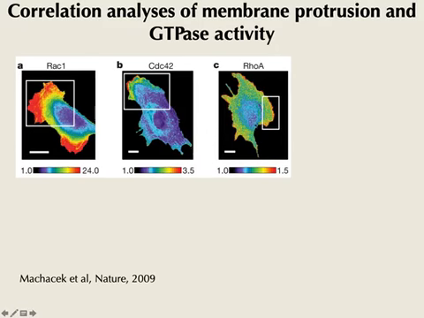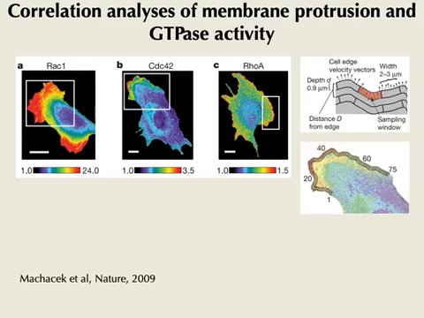And what they're really trying to ask is, what is the real sequence of events leading to the formation of a protrusion? And again, the reason why I'm emphasizing protrusion is that it's the first step in cell migration, and we know this is controlled by these Rho GTPases.